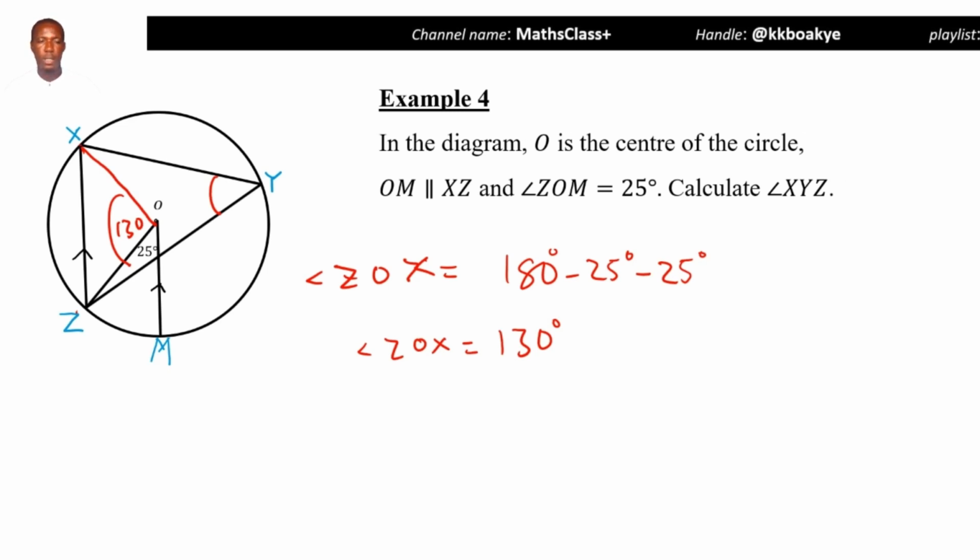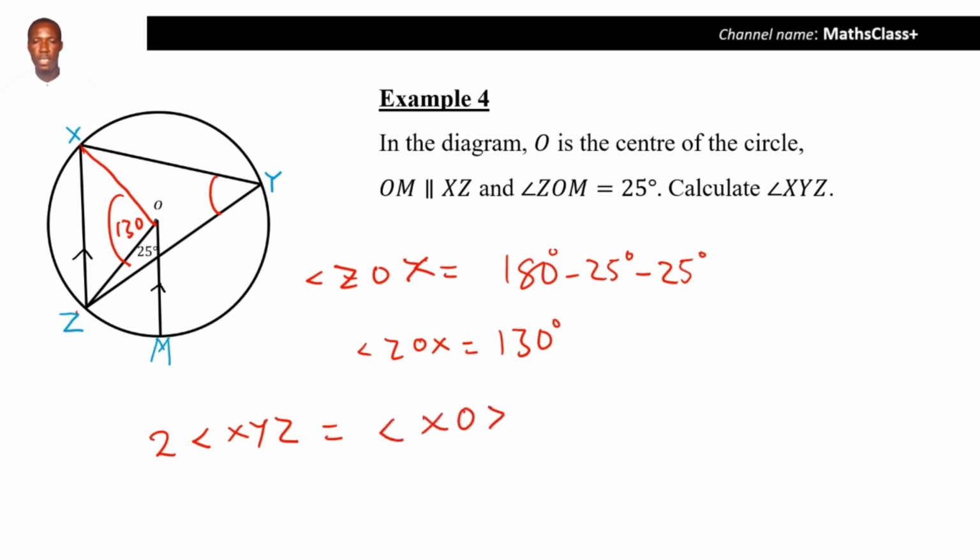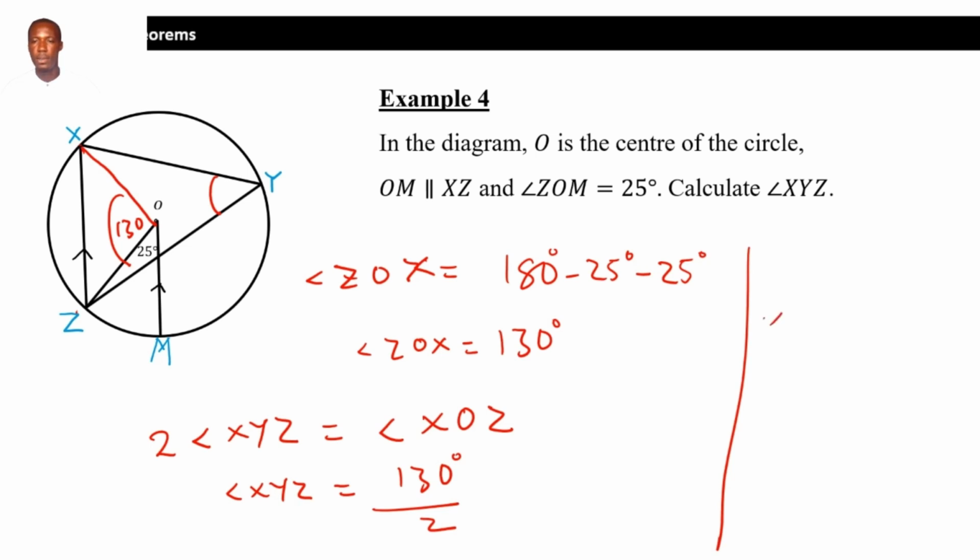That means 2 times angle XYZ is equal to angle XOZ. That means our angle XYZ is equal to 130 degrees divided by 2. So our angle XYZ is equal to 65 degrees.